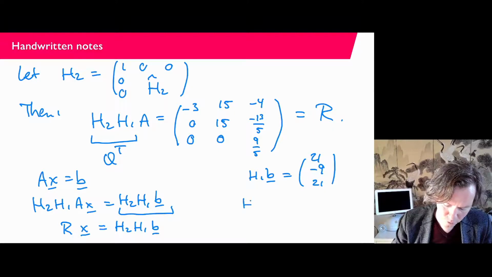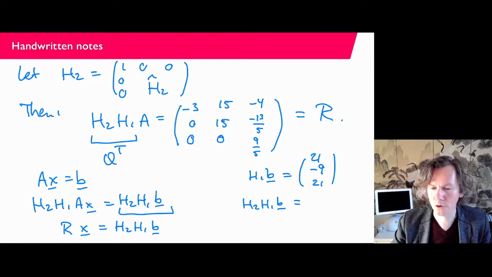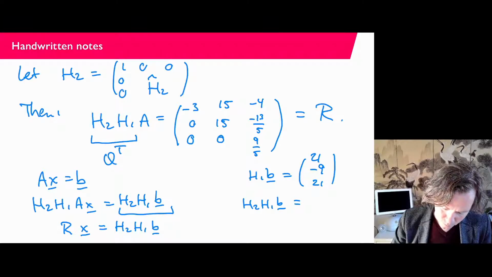And if you compute H2 H1 B, hopefully you are going to find, with a bit of work, 21, 111 over 5 and 27 over 5.